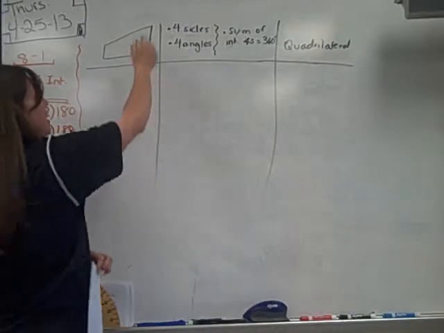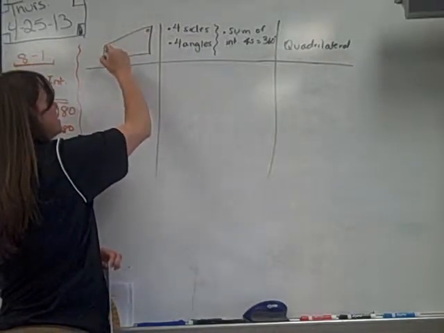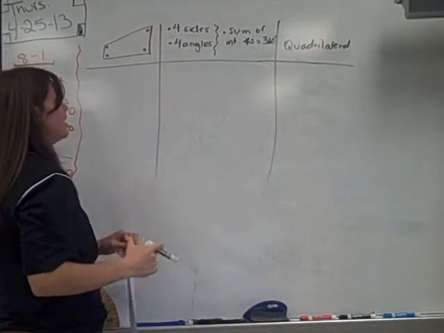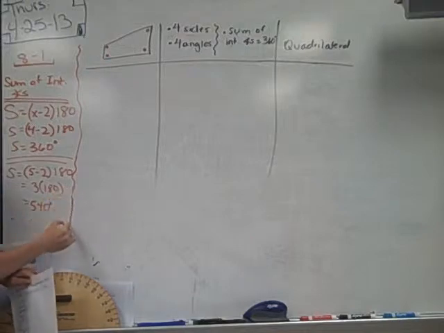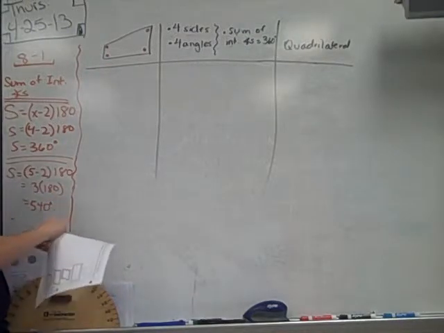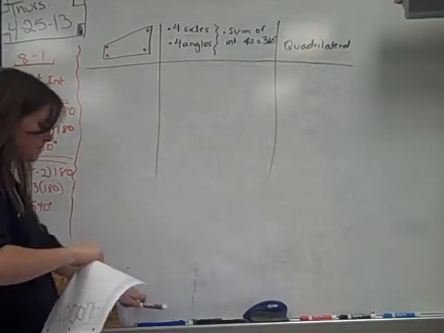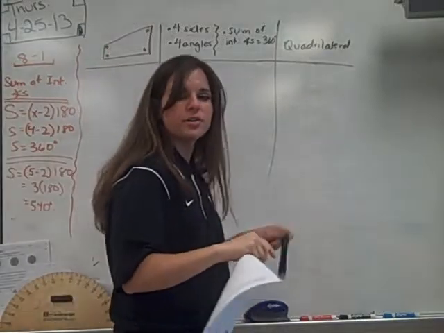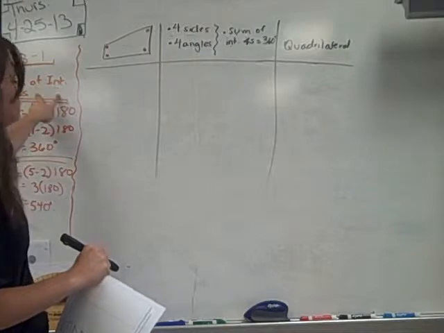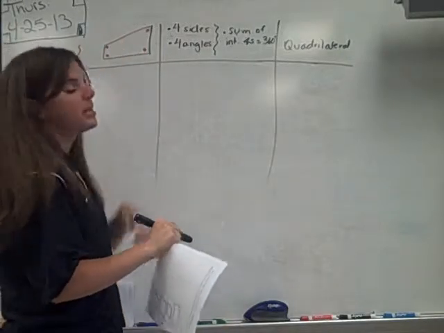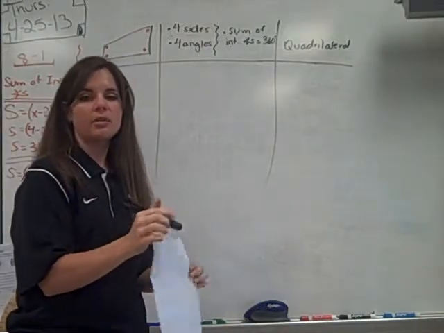So the sum of the interior angles, this is the formula that you will use. That's in section 8.1. That will help you on your quiz today. You've got to know it on your test tomorrow. This formula will find you the sum of the interior angles for any polygon.